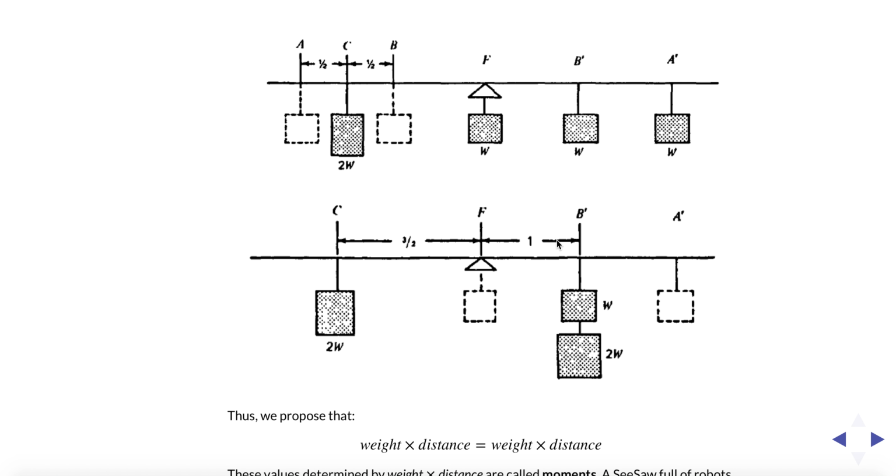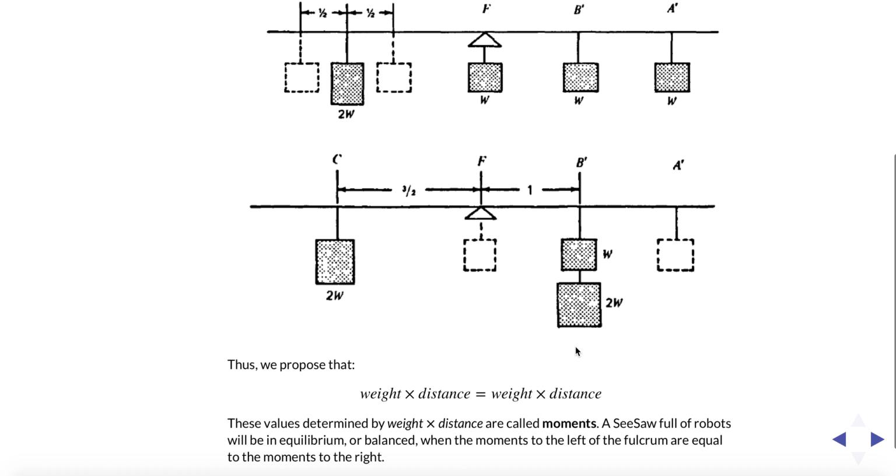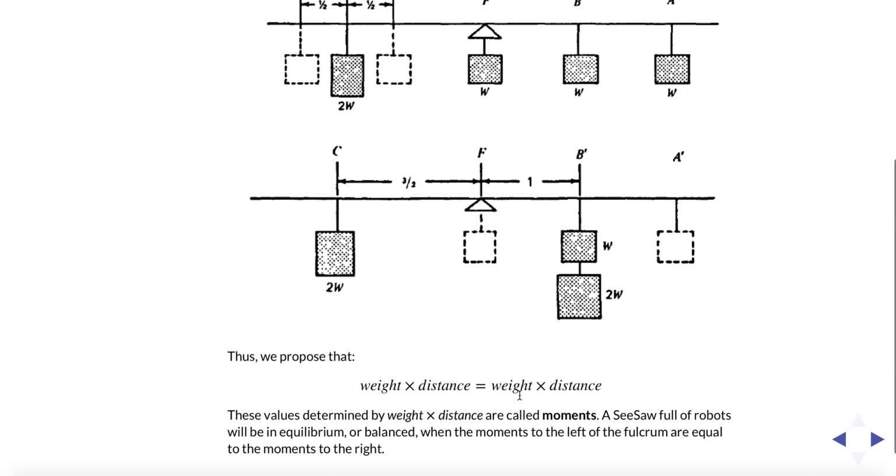And then at 1 unit away on the right, we have a weight of 3. If you notice, the product of this weight and this distance is the same as the product of these weights and this distance. And those things, the product of the weight and the distance, are what we'll call moments. And notice that this is in equilibrium when the moment on the left is the same as the moment on the right.